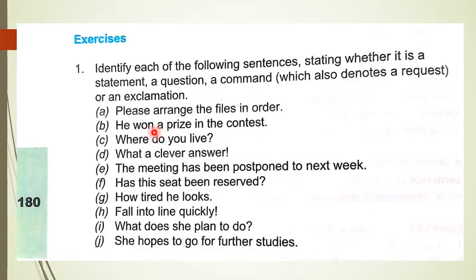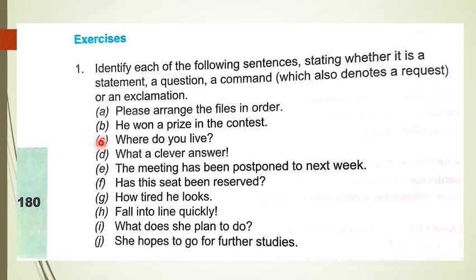If you open page number 180 of your book, Understand and Communicate 1, you would see that exercise number 1 says, identify each of the following sentences, stating whether it is a statement, a question, a command, or an exclamation. So you have just gone through all of these types of sentences, and now this is your test. I will give you just one hint for some of the sentences, and then you will answer what type of that sentence is.